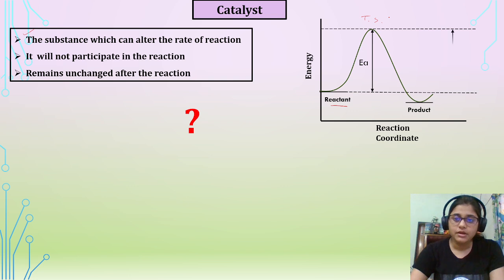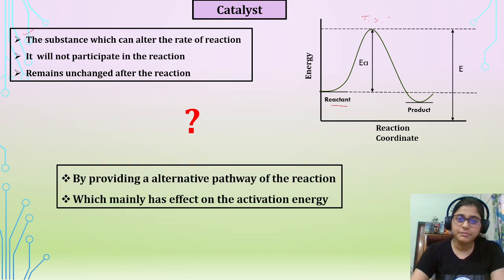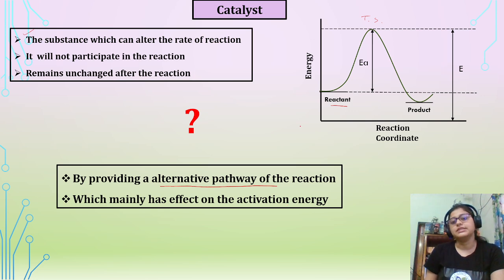Now how does it affect the rate? A catalyst affects the reaction rate by providing an alternative pathway for the reaction, which mainly has an effect on the activation energy. It gives the alternative pathway, but how can it increase the rate of reaction? It has an effect on the activation energy.